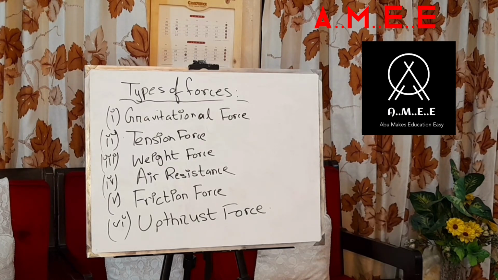For example, magnets, the north pole and the south pole of the magnet always attract each other. In the same way, two masses will attract each other. Now, the greater the masses, the stronger the forces. For example, if a 55 kilo person and another 55 kilo person sit next to each other, they will have a gravitational force.